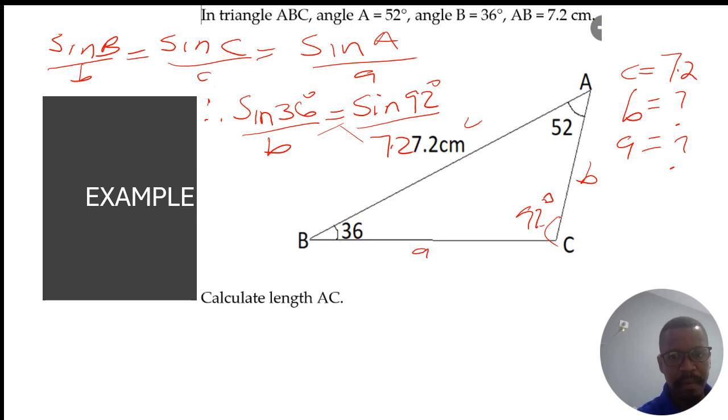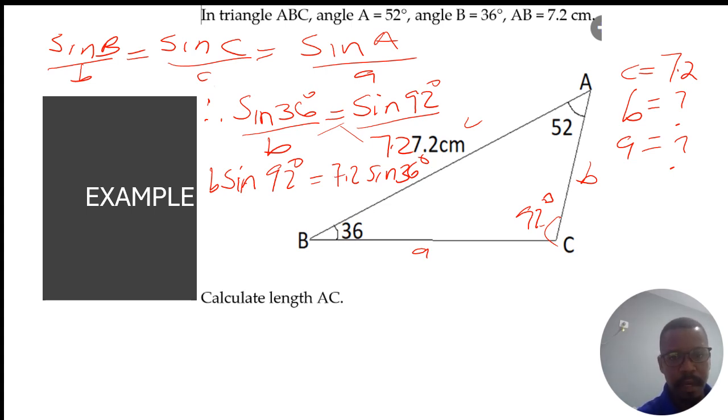We'll cross multiply them, so we'll have b sine 92 is equal to 7.2 sine 36 degrees. That is cross multiplying them.